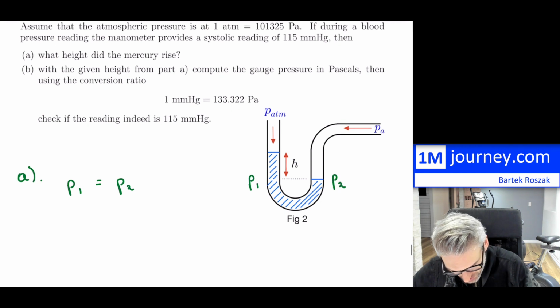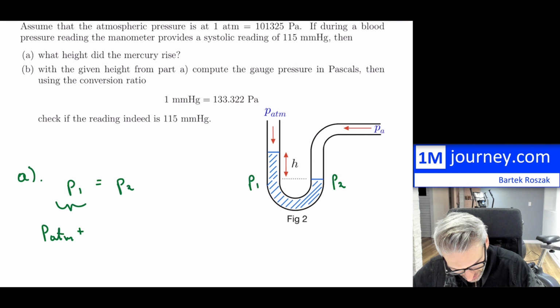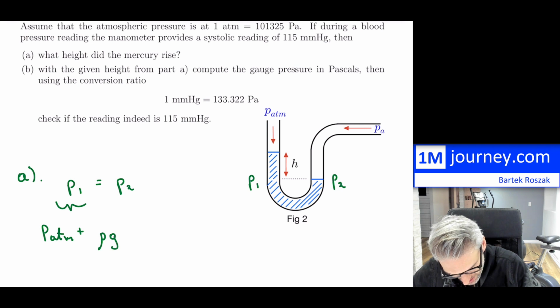For pressure P1, I can see there that I have the atmospheric pressure plus the actual pressure coming from the fluid, in this case the mercury, relative to this height that I have. That amount is simply the density times the gravity times the height.